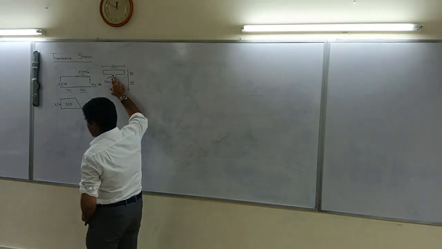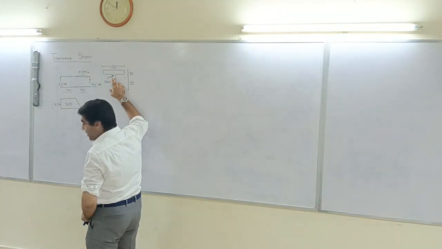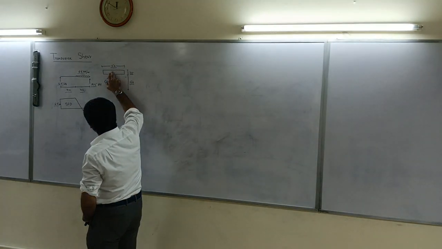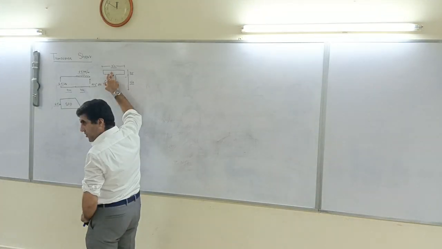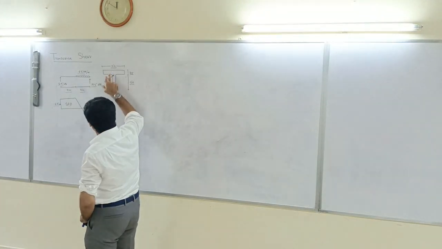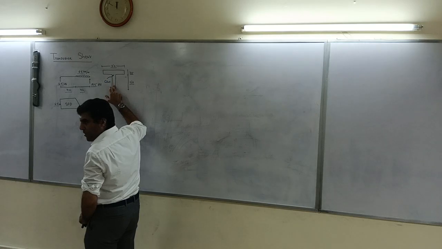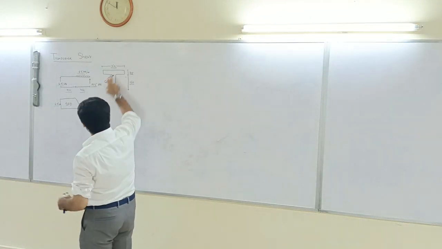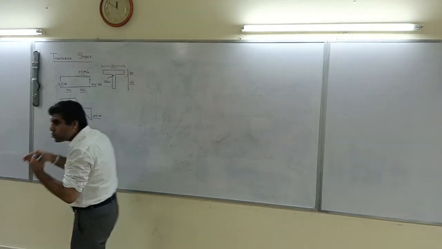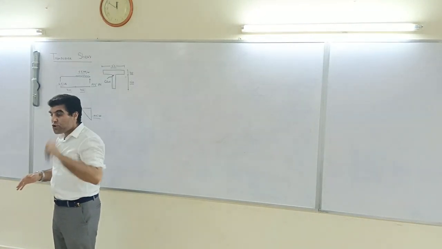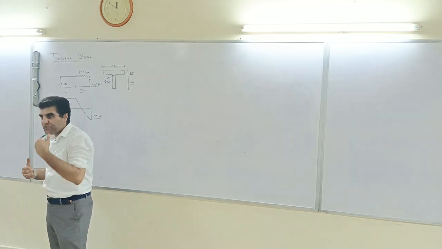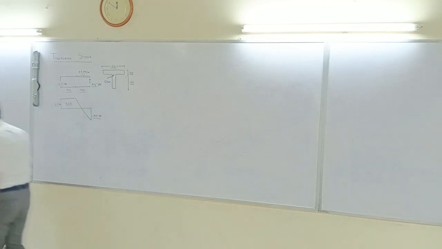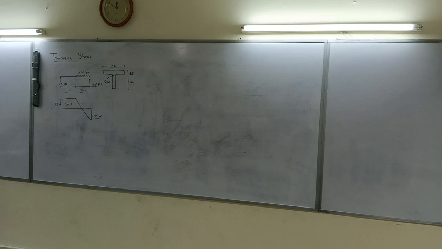Now we are told that the flange of this T cross section is glued to the web of this T cross section. So the flange and the web are glued to each other. So how much shear force can this glue take? That's what we are told.